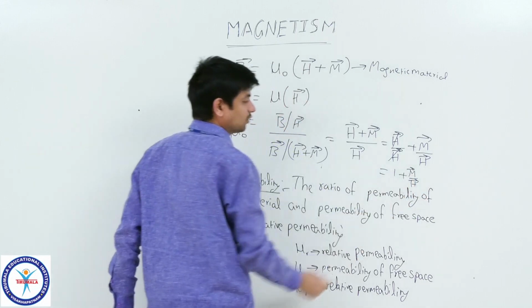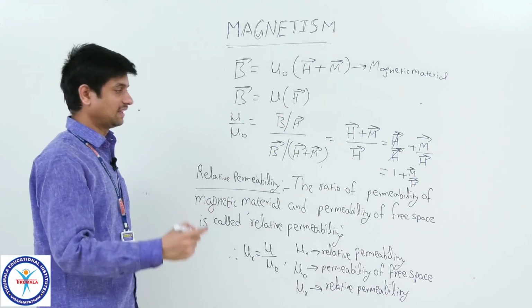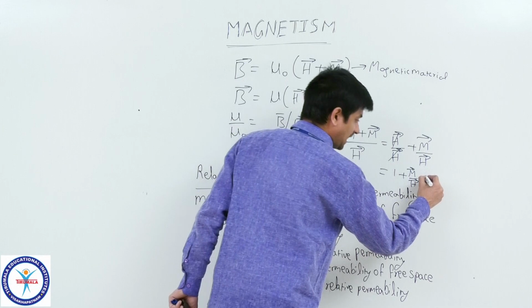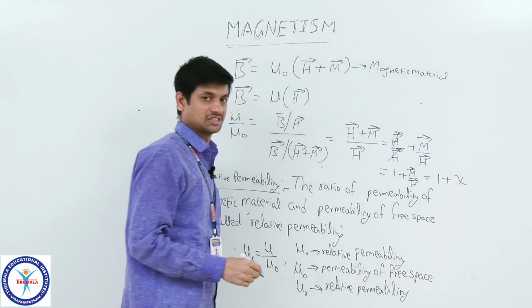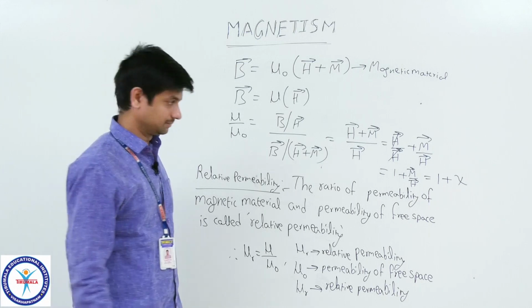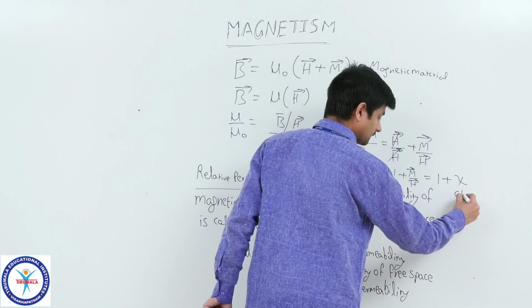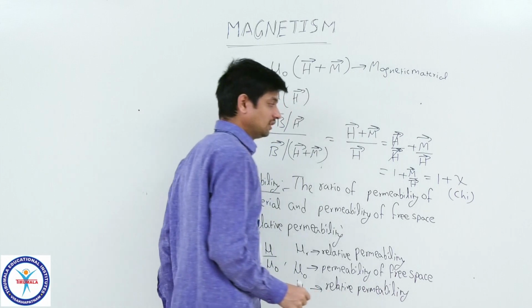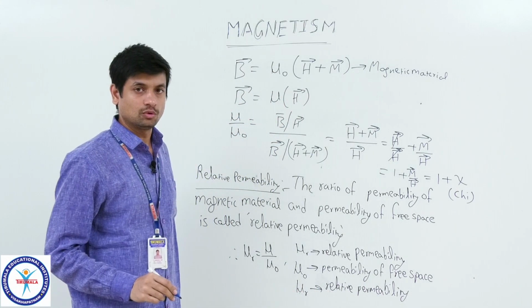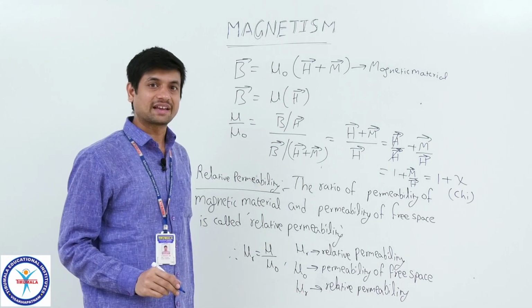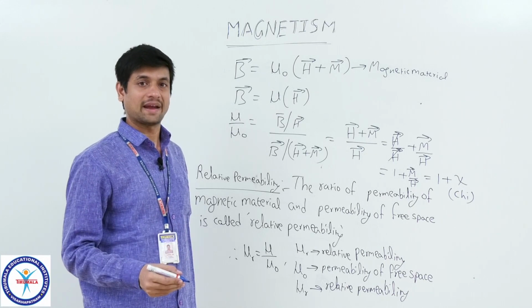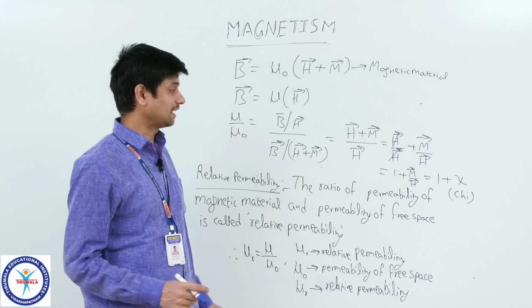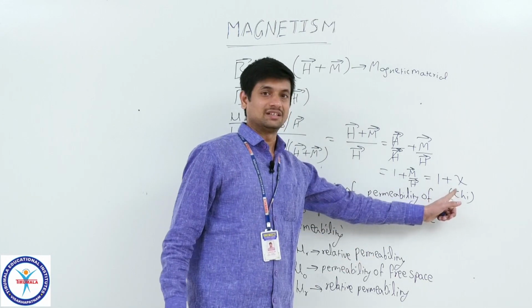So these two get cancelled and you will get the answer 1 plus M by H. Look at that, 1 plus one factor, that factor is called the Greek letter chi. So that factor tells you how much the material can be magnetized. The degree of magnetization of any material can be known by this term.